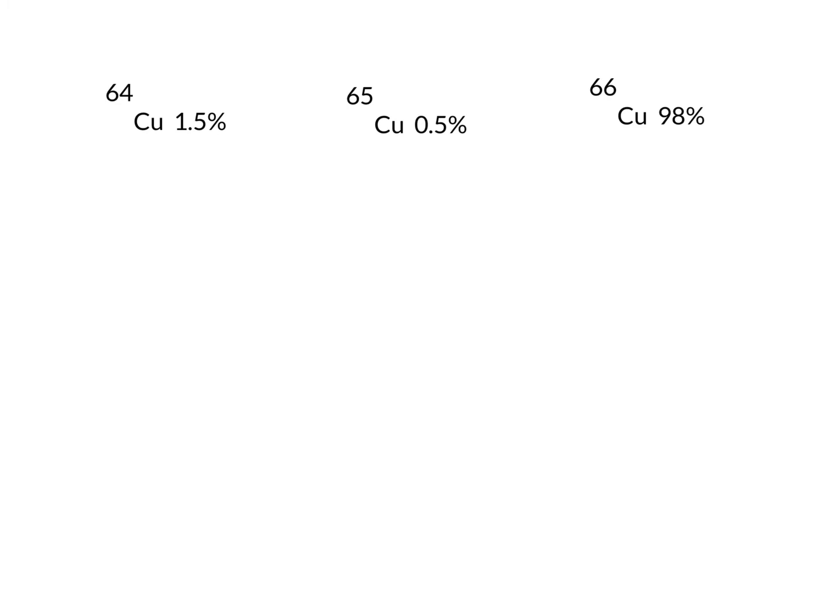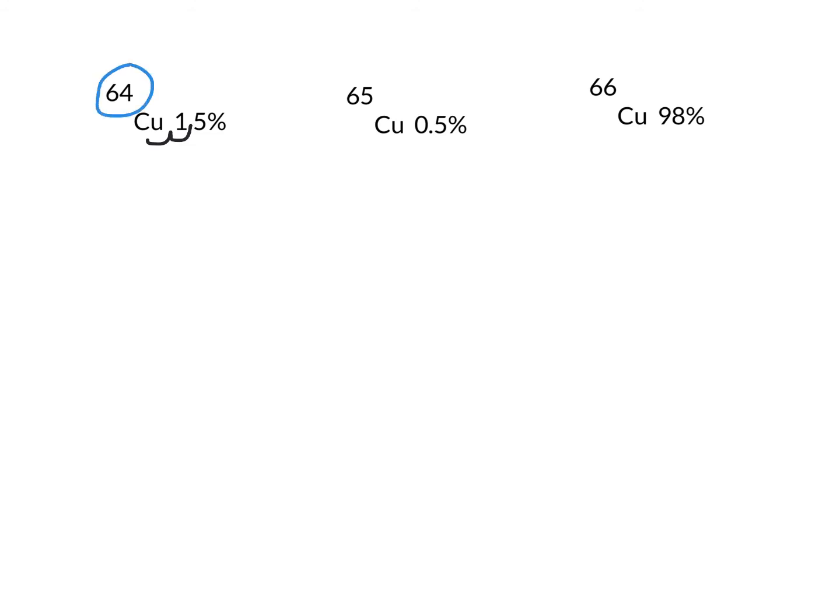You have to move the decimal because it's a percent, and you have to make it into a standard number. So what's my first step going to be? To the left. Right? Because it's going to be 1.5 divided by 100. You're going to move it twice.